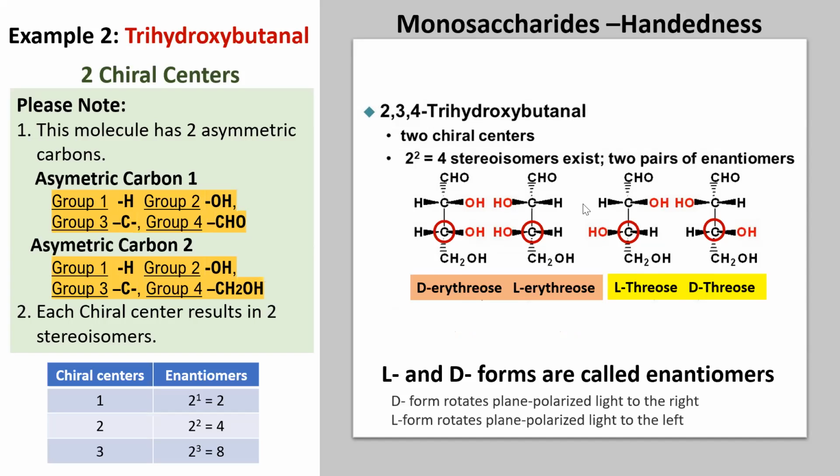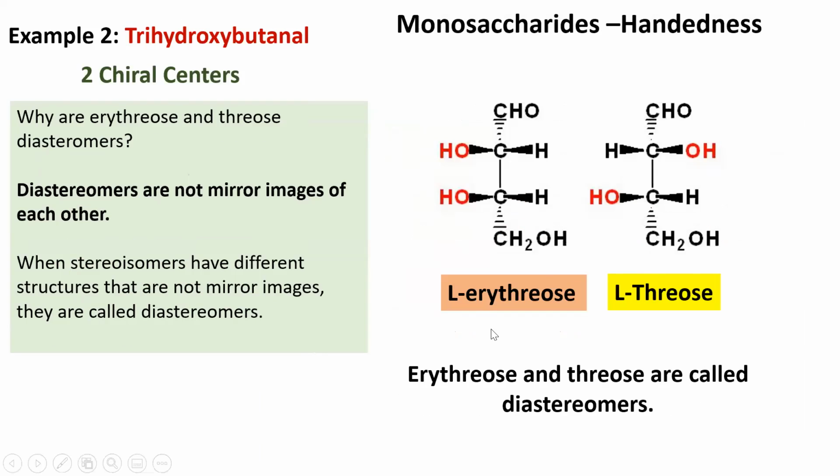Okay, so L-erythrose and L-threose have the same formula, but they are not the same. And these are called diastereomers. These are stereoisomers which have different structures. They are not mirror images, and so they have this name.